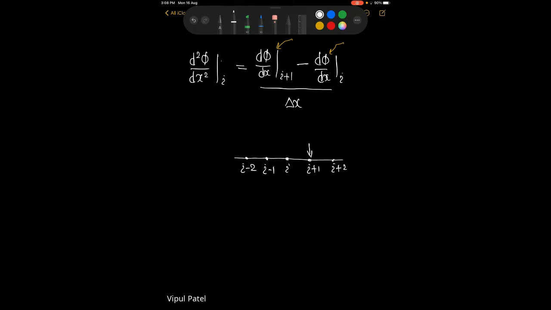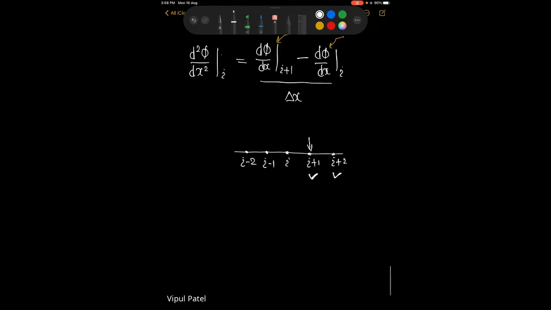That's why I will consider this node as well as the node which is in the immediate right hand side position. So d phi by dx at I plus 1 can be expressed as phi at I plus 2 minus phi at I plus 1 divided by delta x, right?